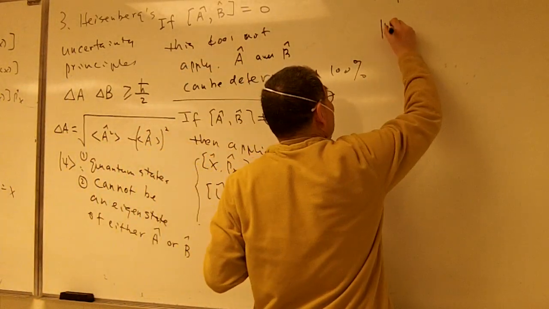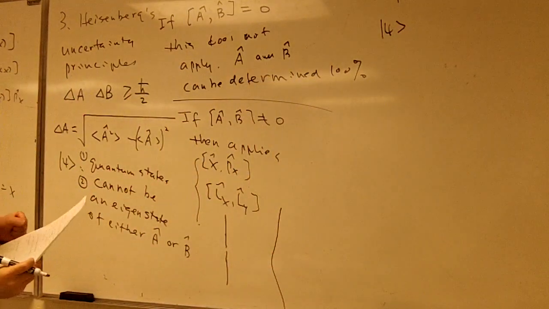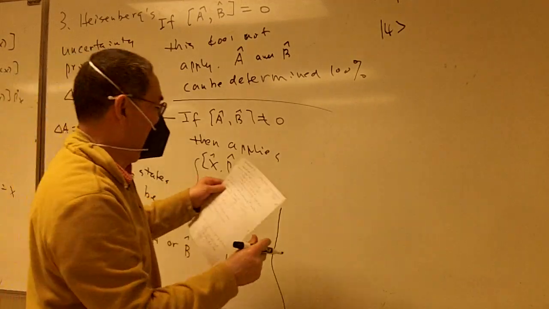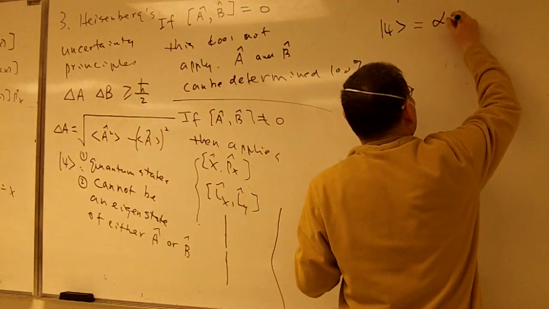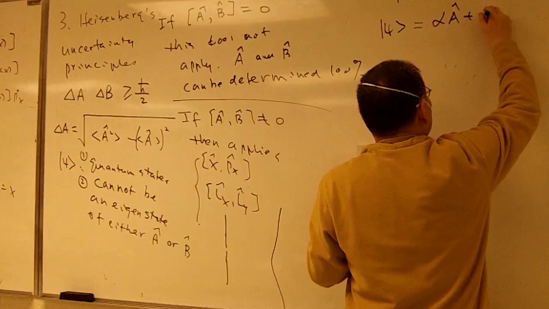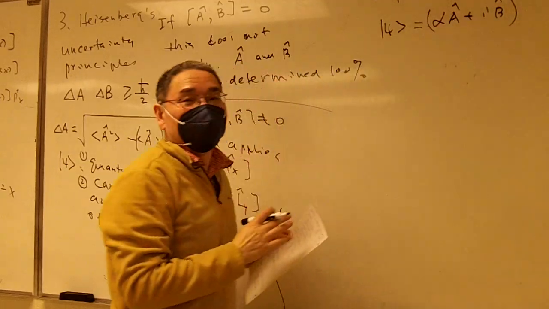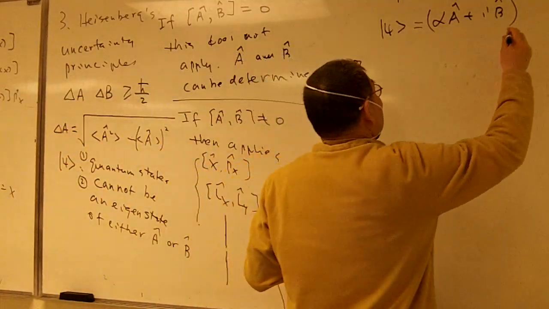We start with the wave function, let's call it psi. And this psi is not arbitrary. It should be constrained with both of these operators involved, with alpha A hat plus i B hat. These are the operators, and I apply them to the wave function, like this.